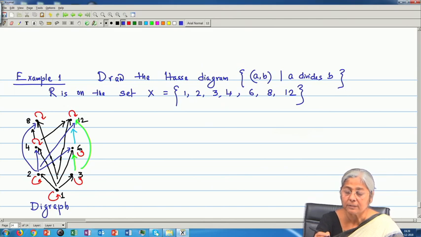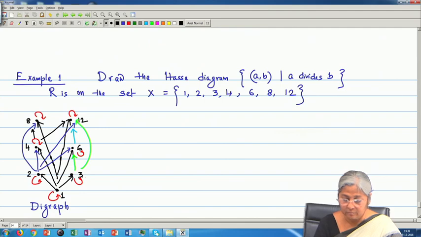Now, first thing, step 1, I drop all the loops. If I do step 1 and step 2 together, then the transitive edges also we can drop.